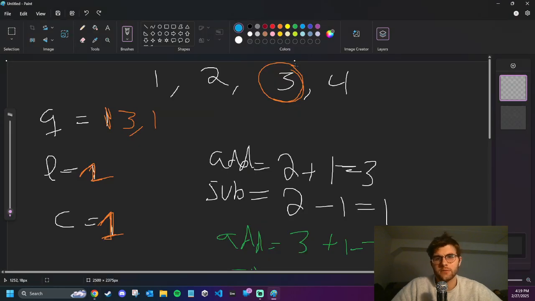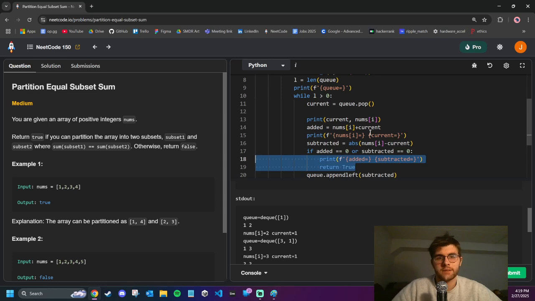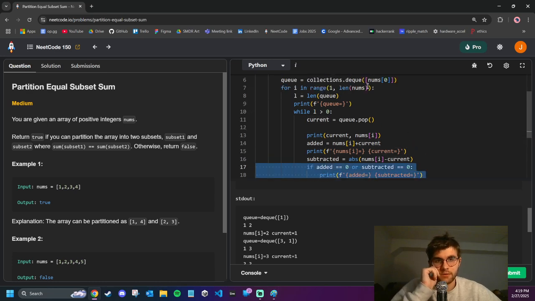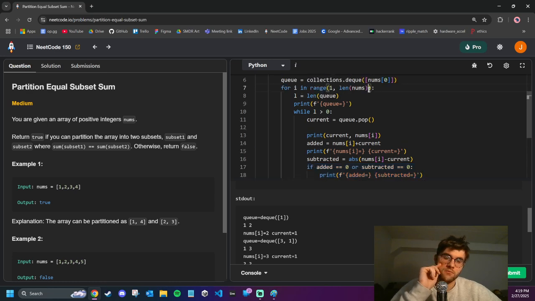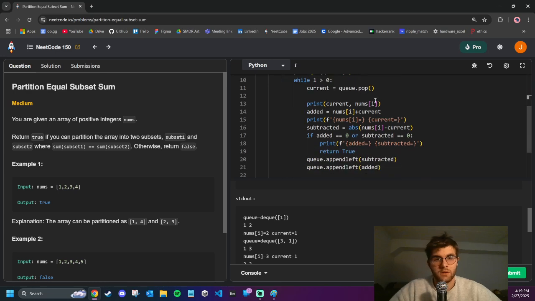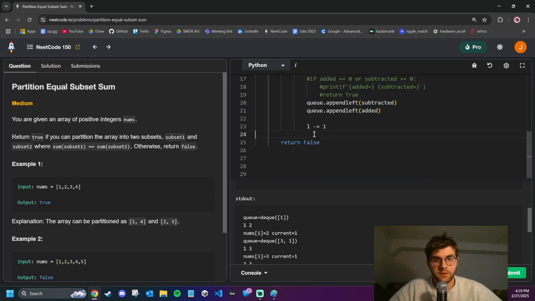Oh, yeah, I guess this is working as intended because it is balanced at this point. But we only want to check for the last one. I guess it was kind of working as intended.